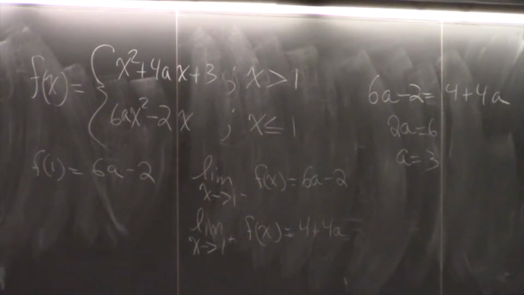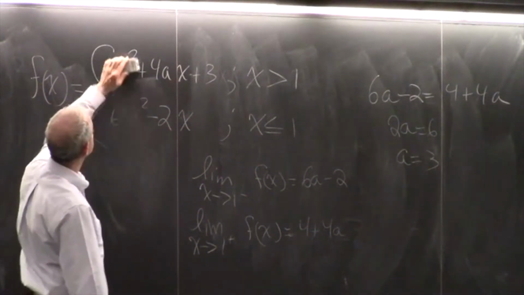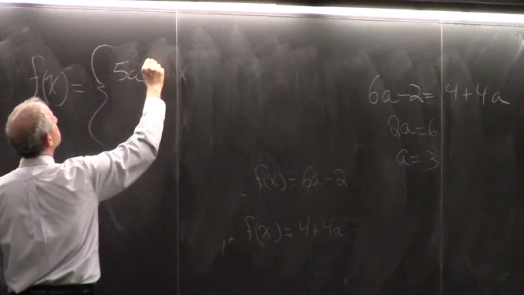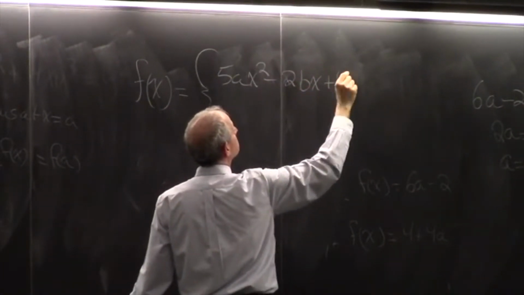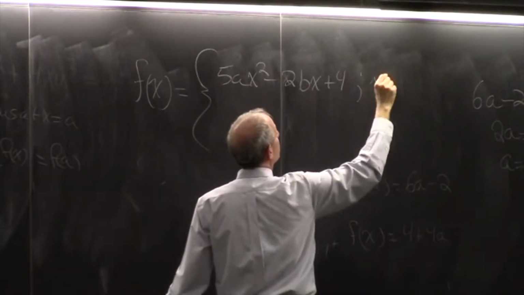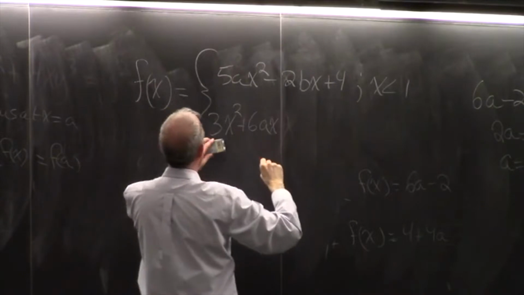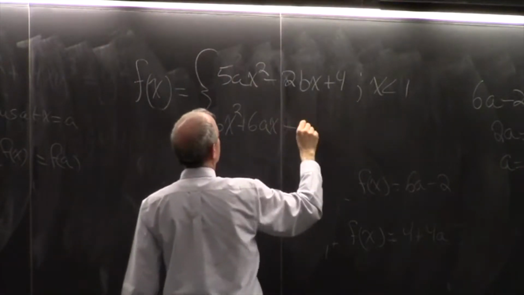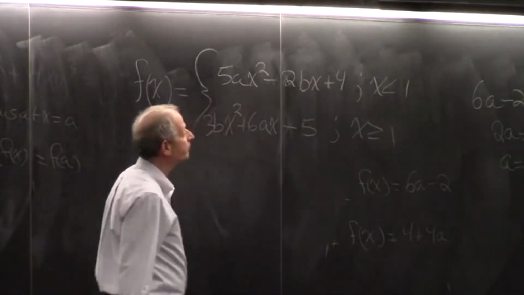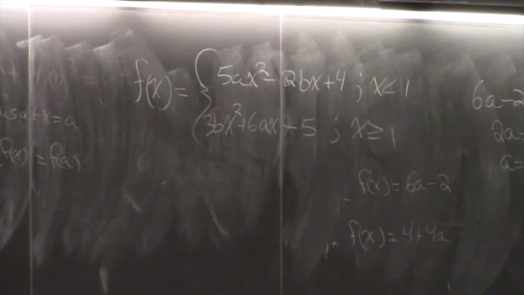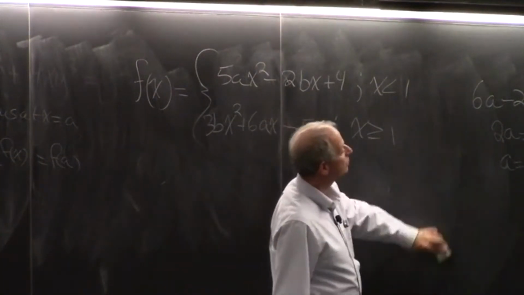Now, what about differentiability? Okay, now find the values of A and B that make this function continuous and differentiable at x equals 1.